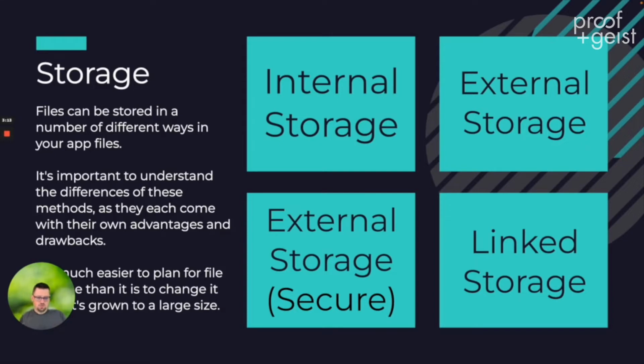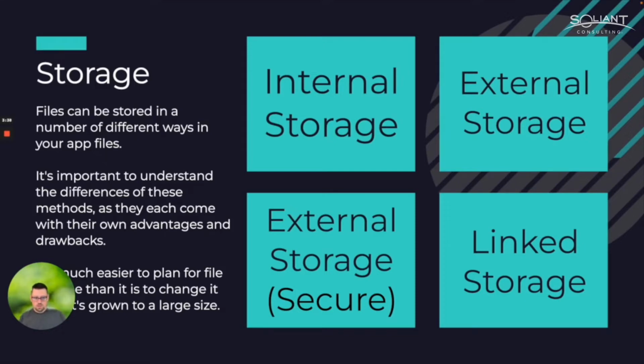There are different tools, and some tools are better for jobs that have specific goals in mind. So it's much easier to plan this at the beginning of a project when you're working on a file. But we're also going to talk about how to migrate data if you need to change this once it's grown to a very large size.